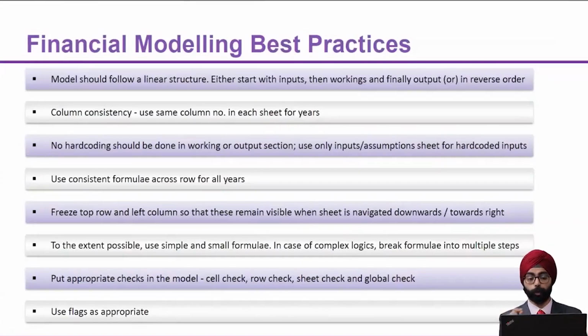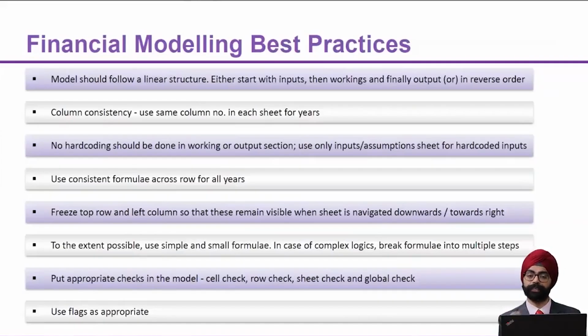Next, no hard coding. Strictly no hard coding should be done in the working or output section. Because you see, in the financial model, we have dedicated one single sheet, which is input and assumption, or you could have a block of sheets together for the inputs. Use that section for giving whatever hard-coded values you want.